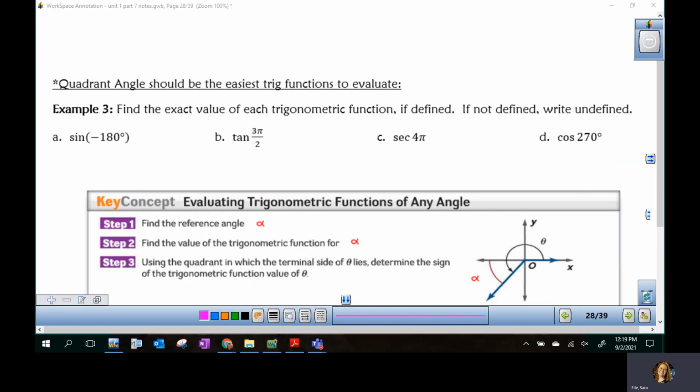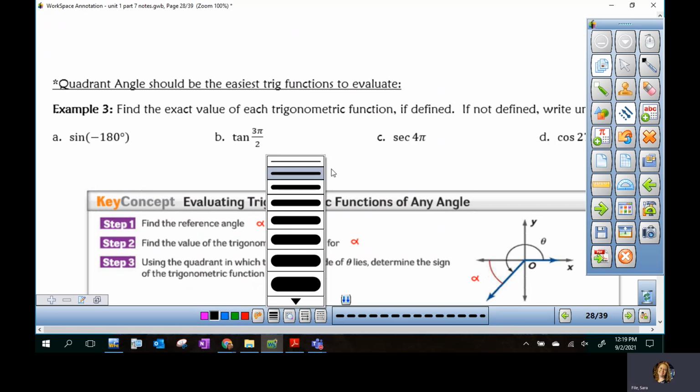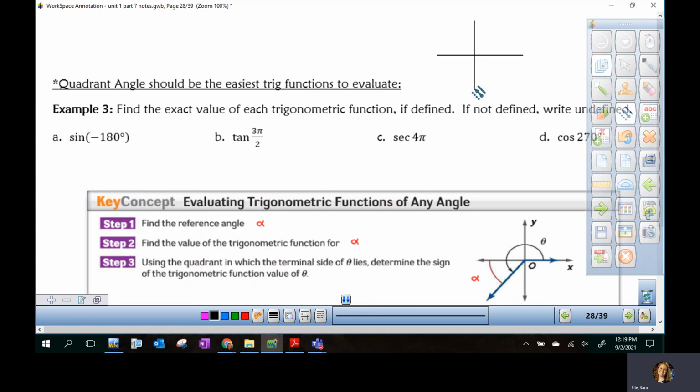Okay, so quadrant angles, we said in the previous parts of the notes that quadrant angles are your angles when the terminal side is on the X or Y axis, right? So that would be like 0, 90, 180, 270. Y'all agree?